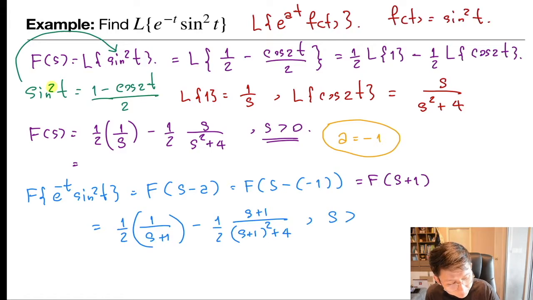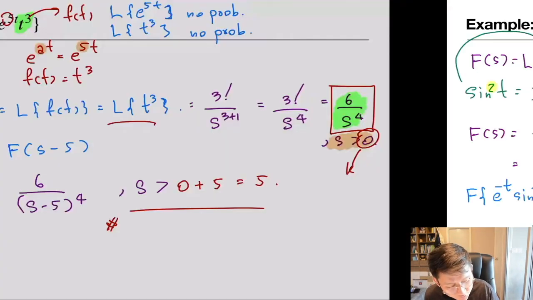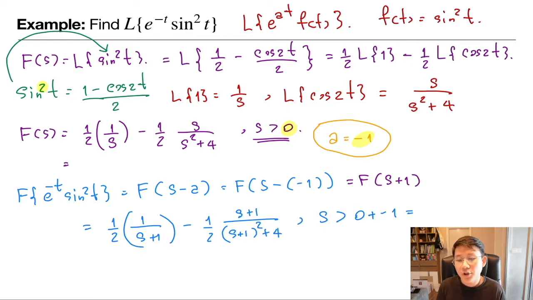From the theorem, the condition is k plus a, where k is the condition of the big F and a is minus 1. So s is 0 plus minus 1, which is minus 1. So the condition would be s is bigger than minus 1.